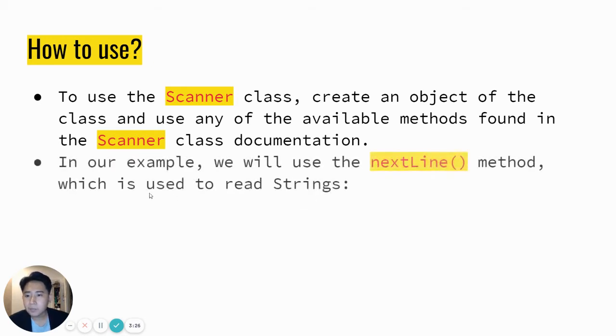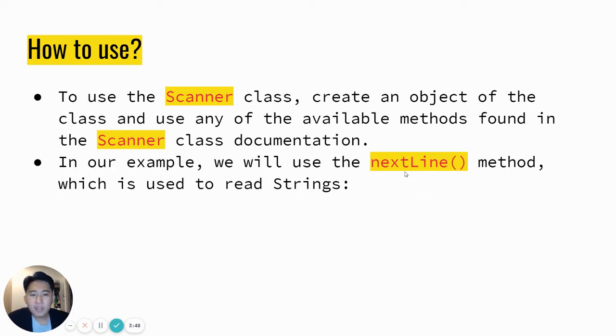Here I will show you an example. We will use the nextLine method, which is one of the methods that you can use in Java Scanner. We're going to use the nextLine method in the example in the next slide, and it is used to read strings.